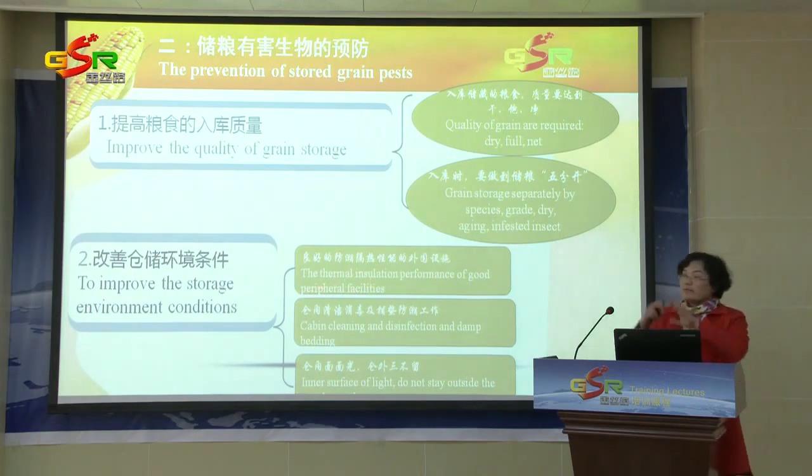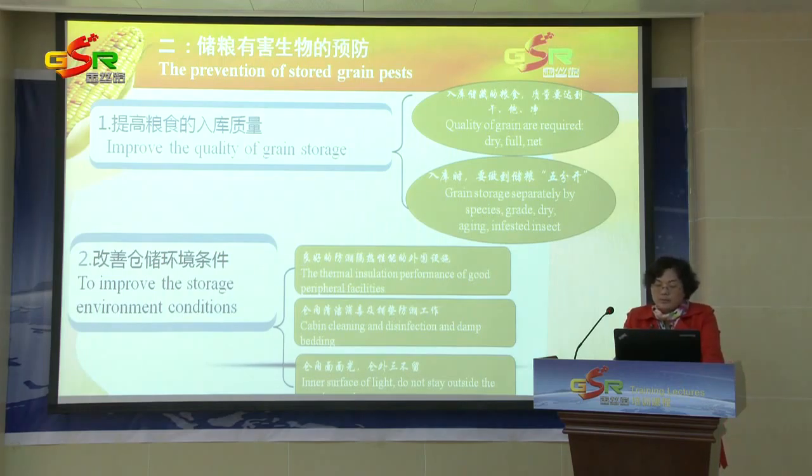This means we have the outside of the wall. This means a wall can keep the temperature and moisture. Second, we must keep the cabin clean, disinfected, and the bedding dry.